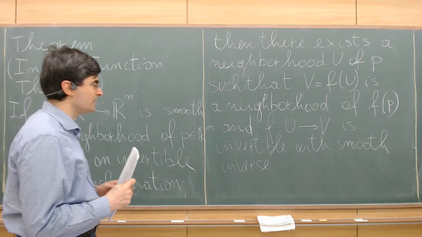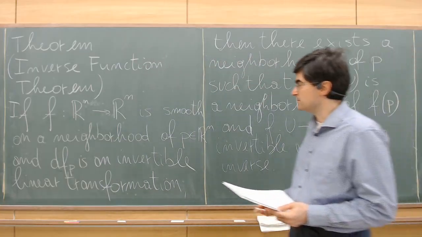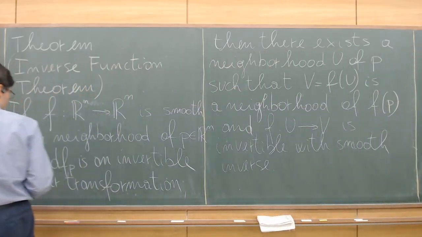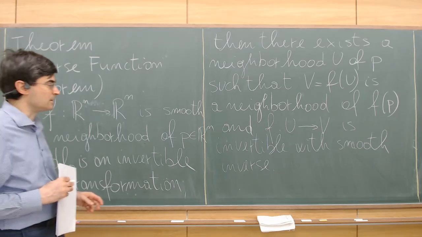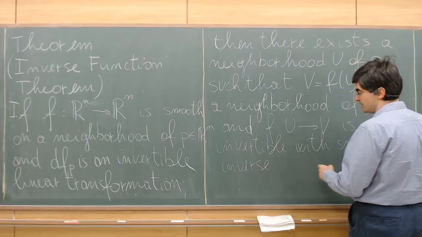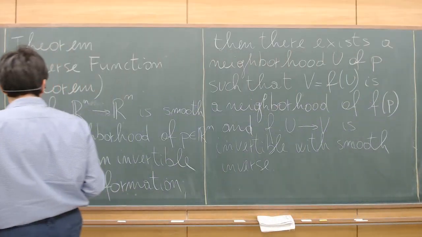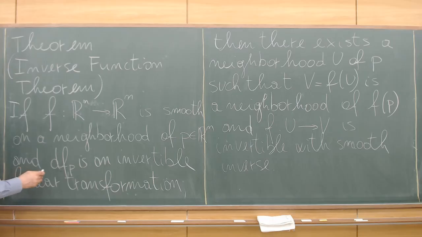The reason why this result is remarkable is that you can get the smoothness of the inverse function and the existence of the inverse function just from the fact that this map here is invertible.